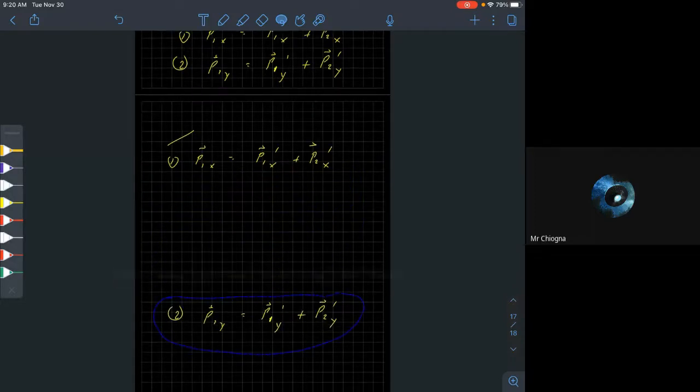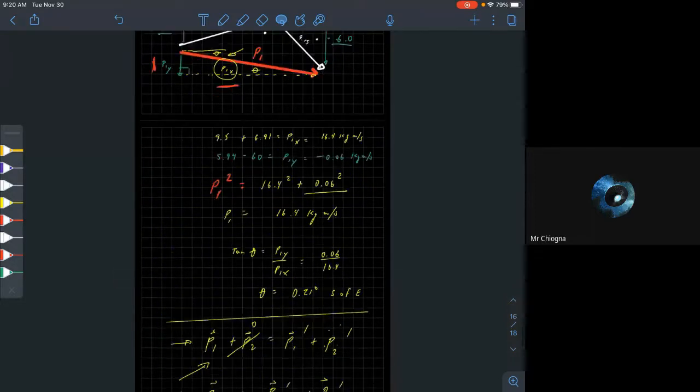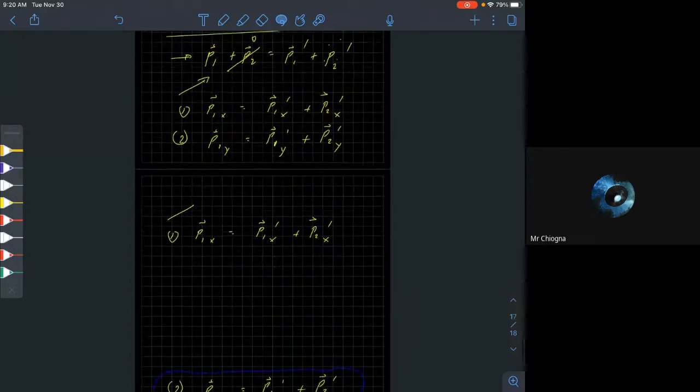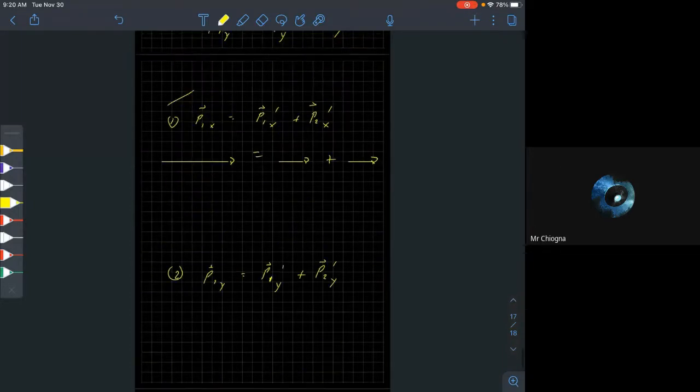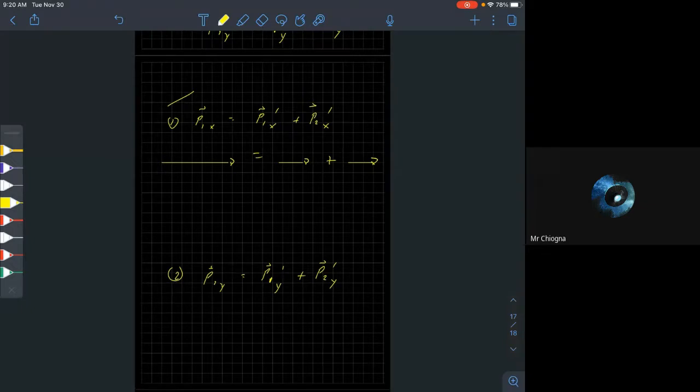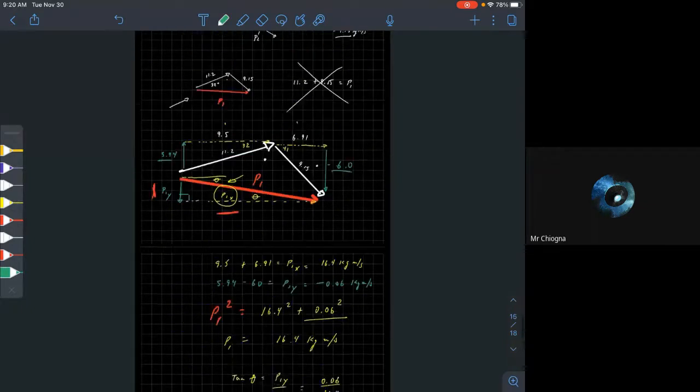What do these mean? Visually, it's just what I said earlier. This first equation is your resultant. What's it equal to? This vector plus this vector. What about your second equation? That refers to the green arrows here.